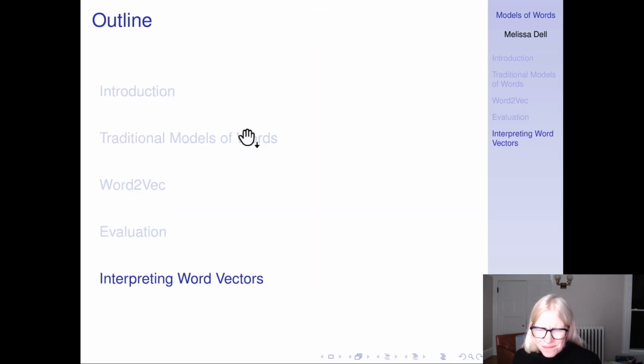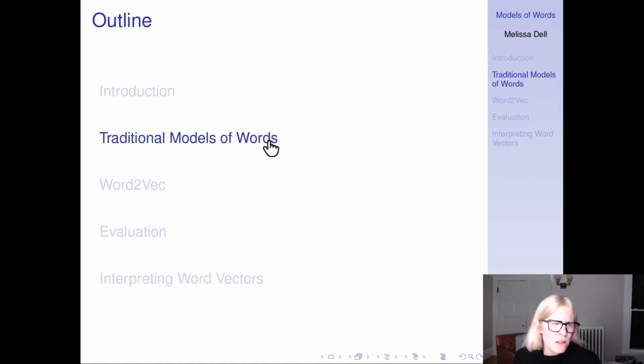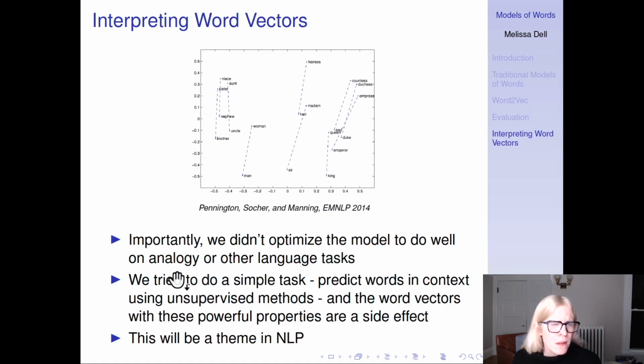All right. I want to say a final few words on word vectors and thinking about interpreting them. This is another example of how word vectors can have meaning, from another version called GloVe, which we didn't have a chance to cover here, but you might see it used if you delve too much into this literature.